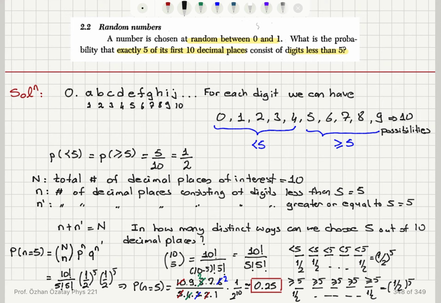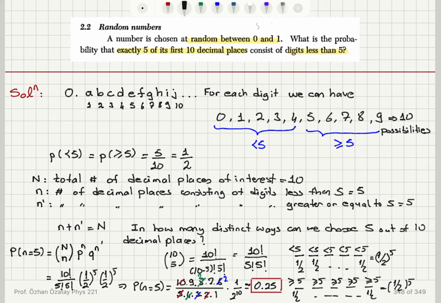So since we have a random number, for a given decimal place, the probability of having a digit less than 5 is the same as the probability of having a value greater or equal to 5, which is 5 out of 10, 1 over 2. If we call capital N the total number of decimal places of interest, that's 10.